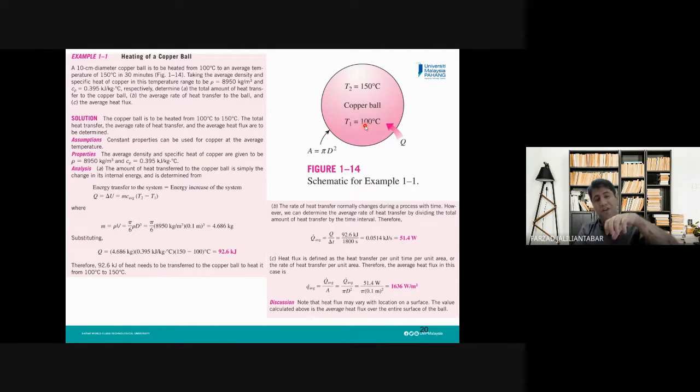Then heat transfer from the bottom is higher than heat transfer from the top of the ball. So heat flux from the bottom is higher than heat flux from the top of the sphere. But here we assume that heat flux is the same on the whole surface of this ball. This is something which you need to know about the heat flux.